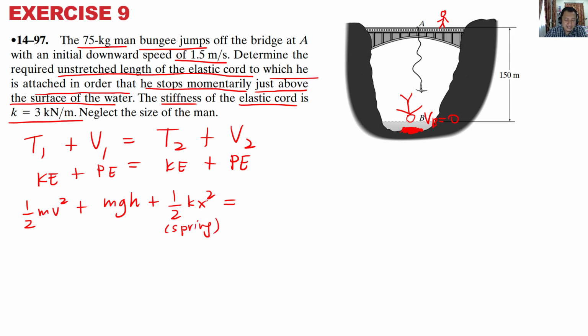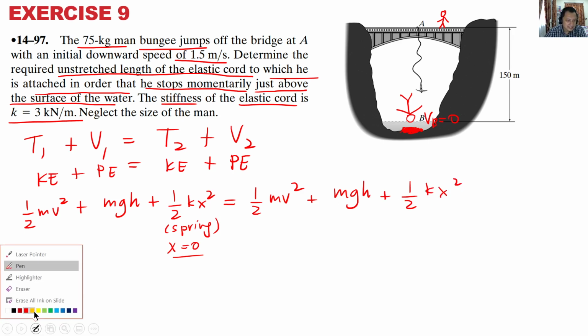If the spring is unstretched, the elongation of the spring is equal to 0, so this part will be 0. Final velocity, kinetic energy becomes 0. Half mv squared plus mgh plus half kx squared.